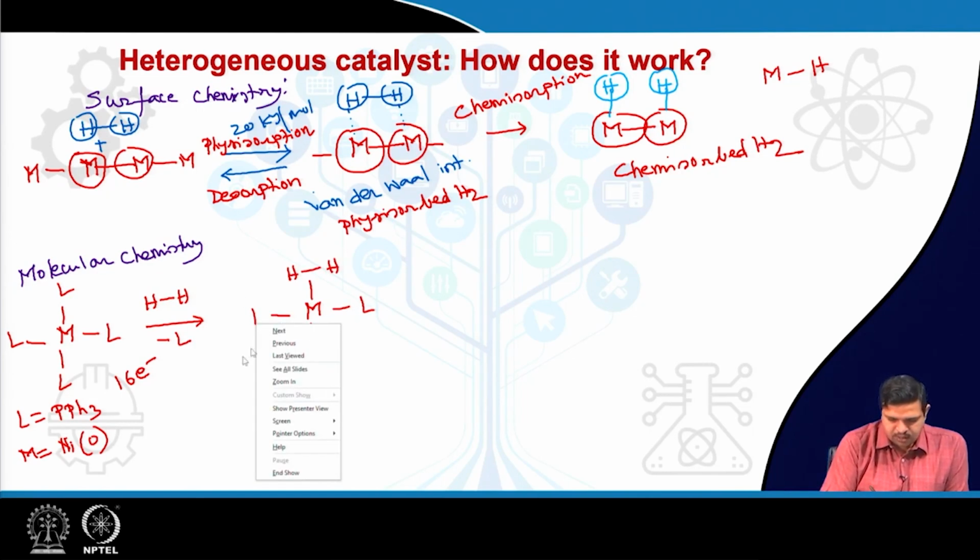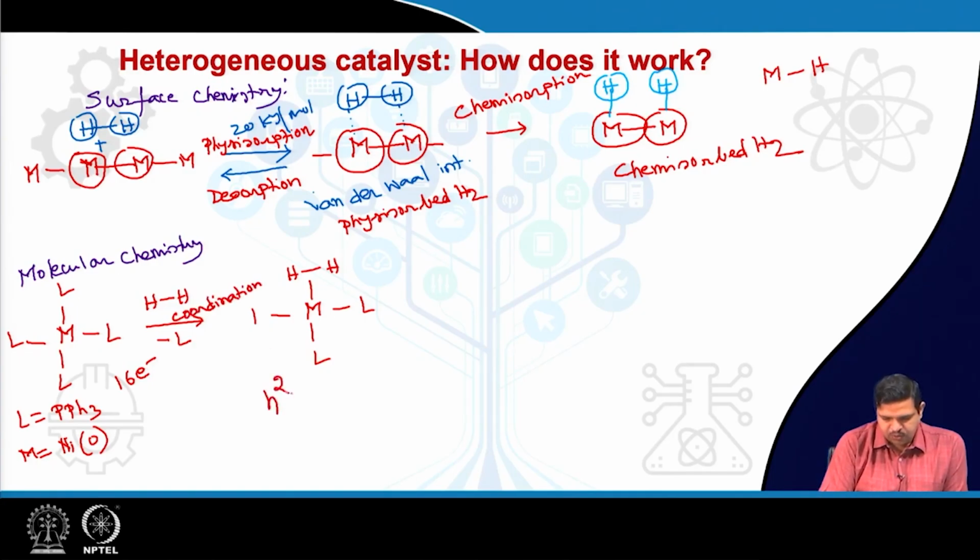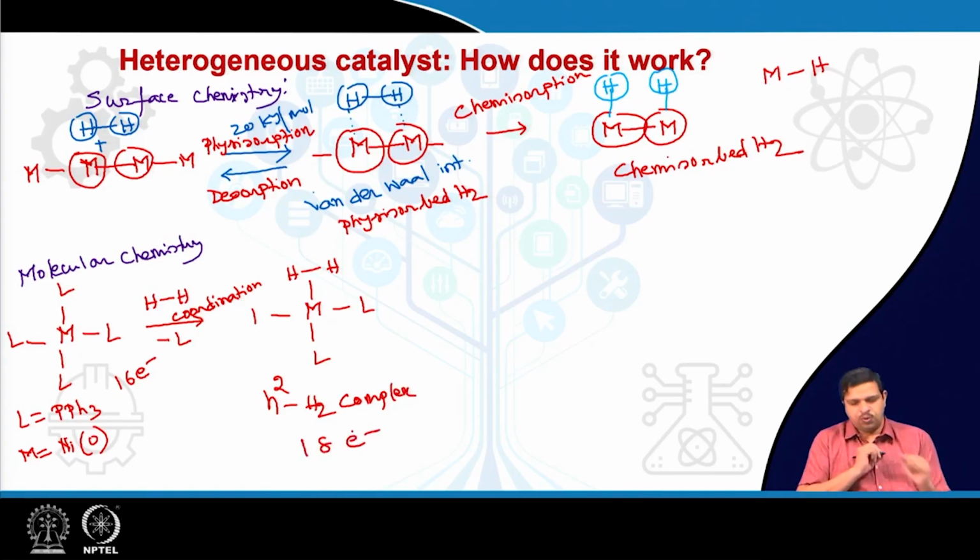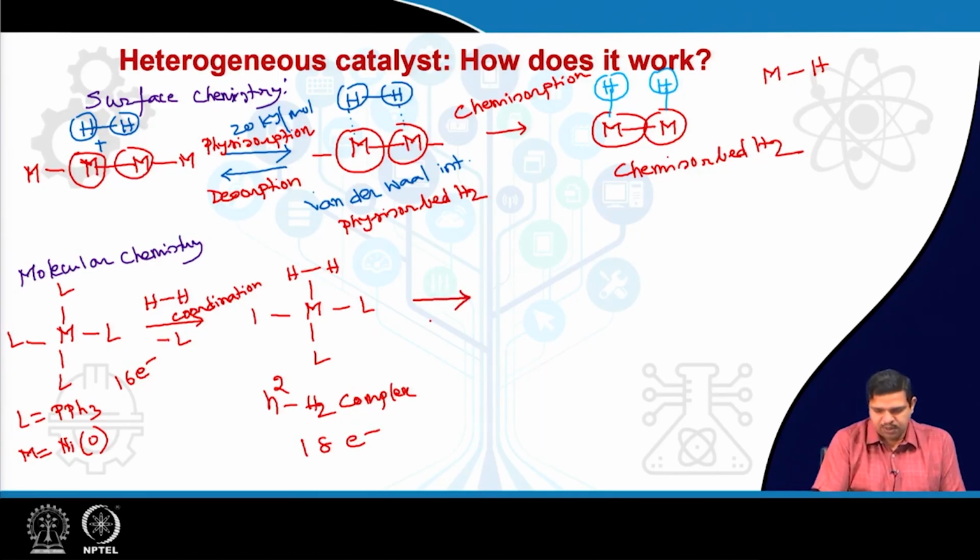So it is first coordination of H2, and this is basically an eta 2 H2 complex. If we calculate, it will be 18 electron if we consider M is nickel 0. Now this is the bond making step, that is the oxidative addition.